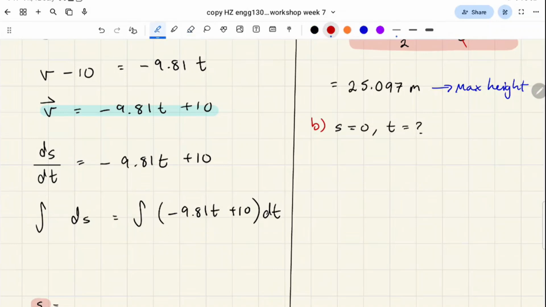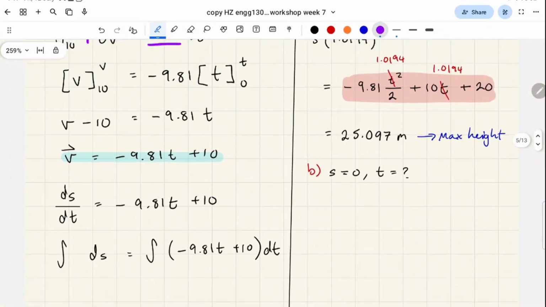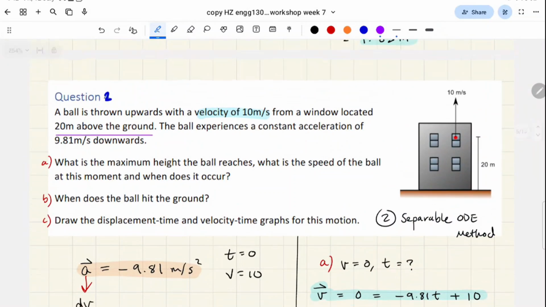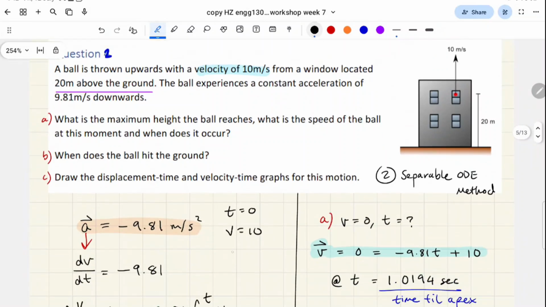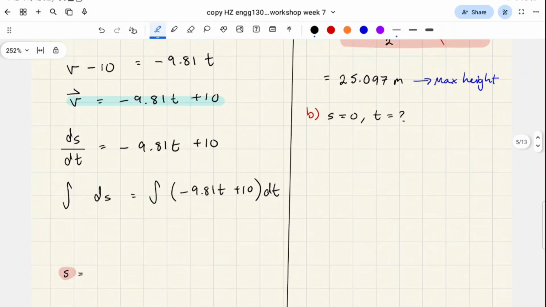And now we have to find the integral bounds, right? So let's look at our question again for the left-hand side. We're told that the window is located 20 meters above the ground, right? So that implies that our initial condition for displacement is 20, right? Because we start 20 meters away from our reference point, which is the ground, right?